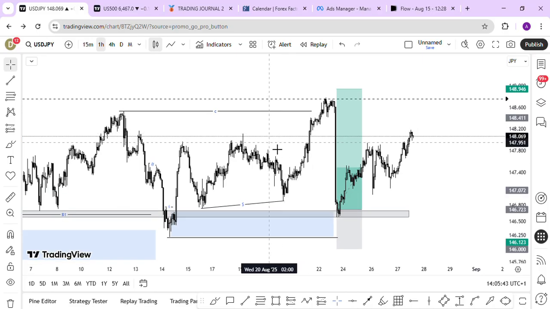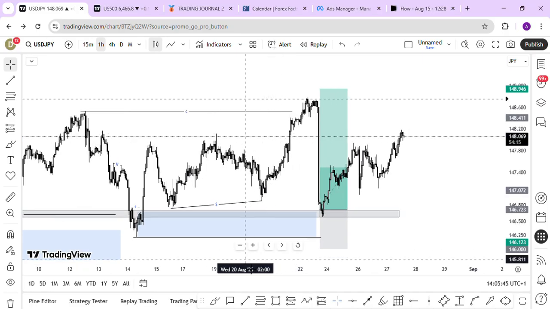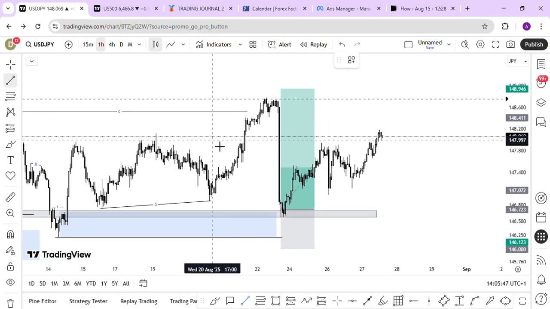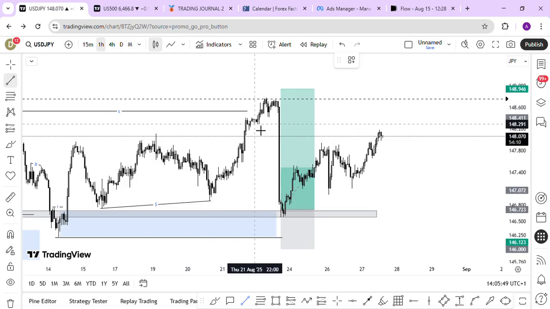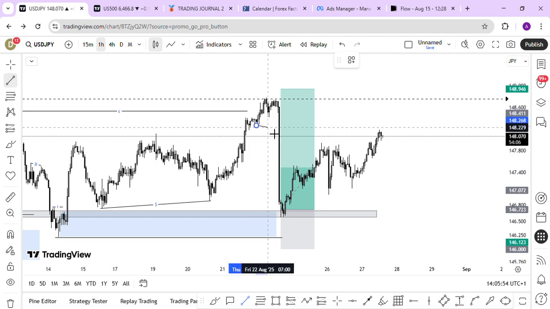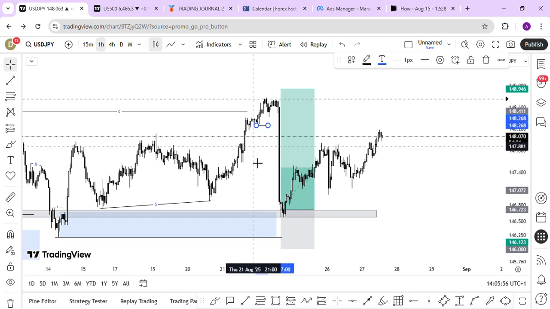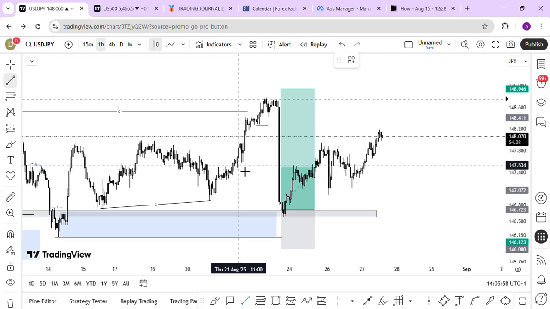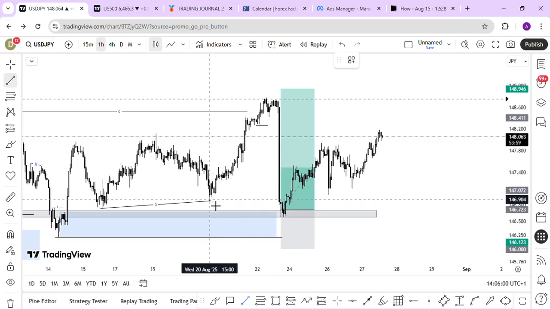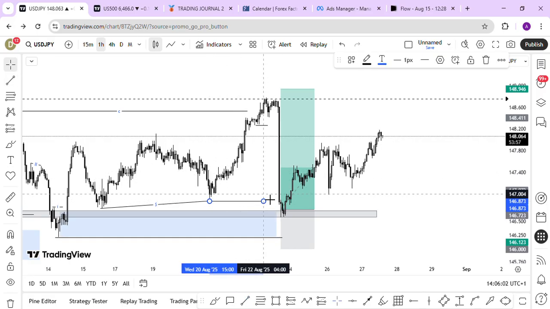Then it means that I have to identify my inducement. If I'm to look for my inducement in this place, my inducement is there. This is my minor inducement. This is my major, because this is the low.